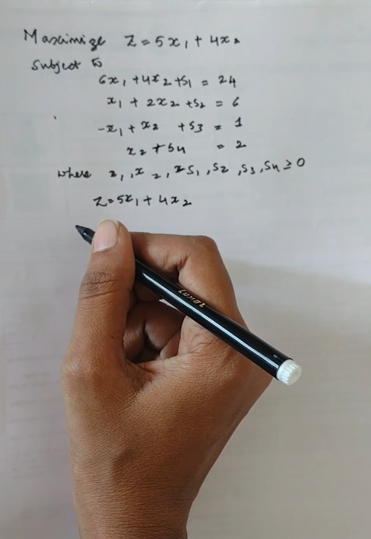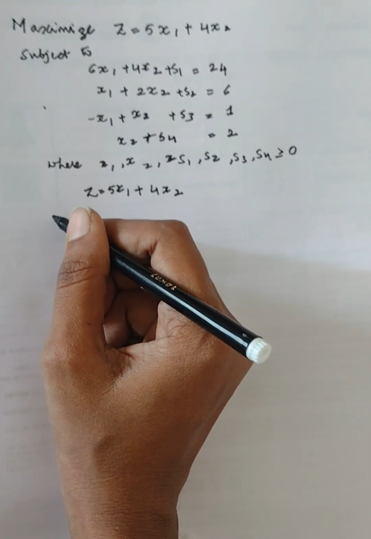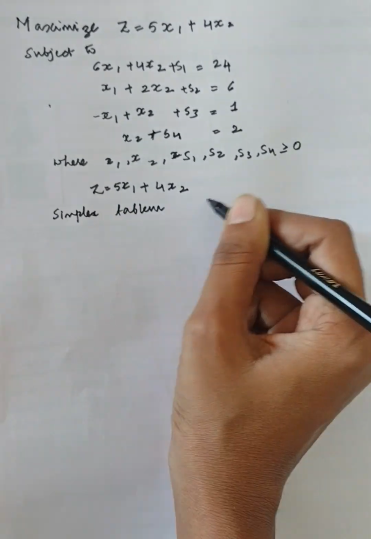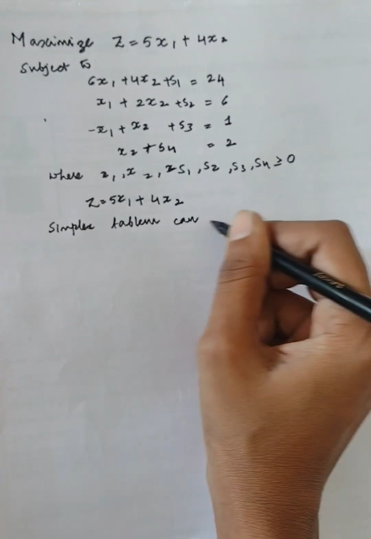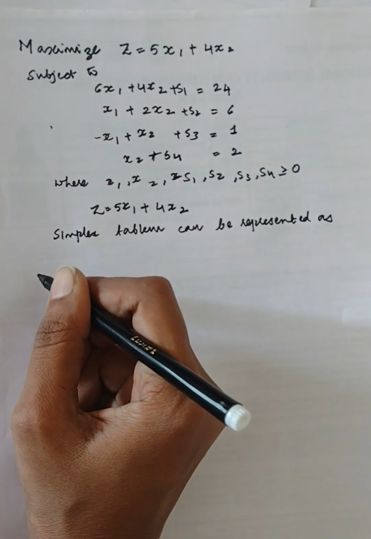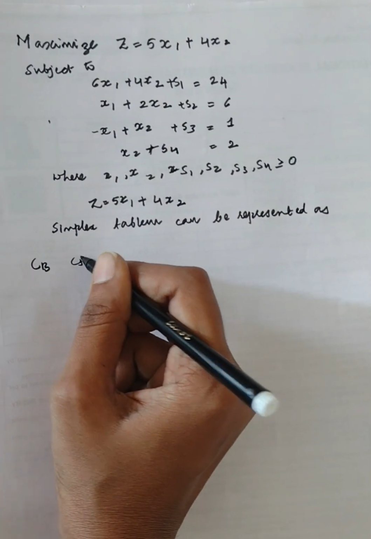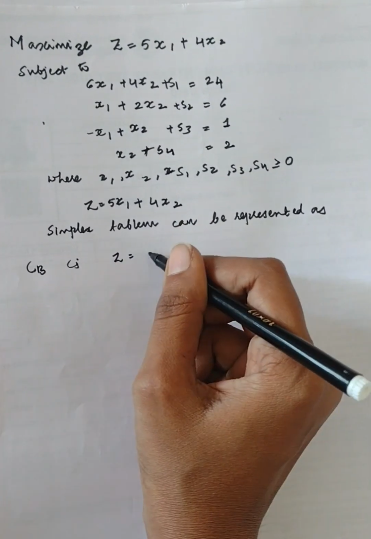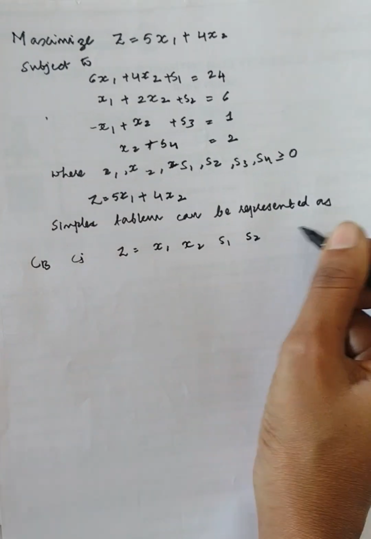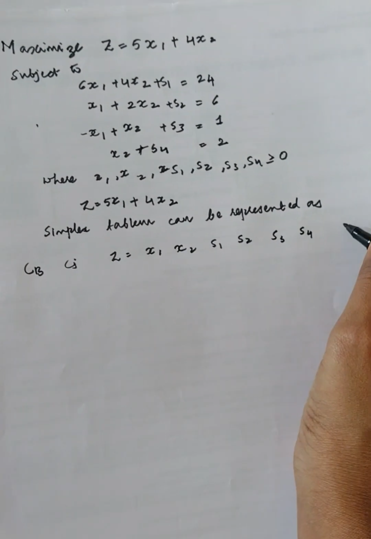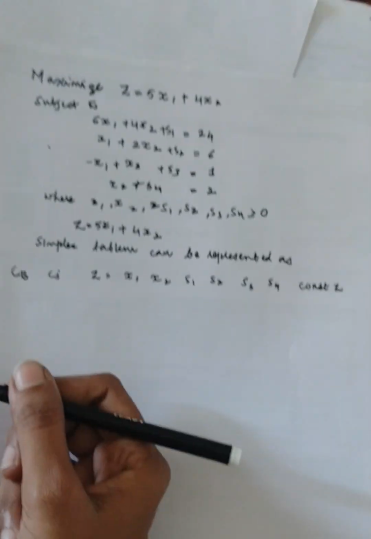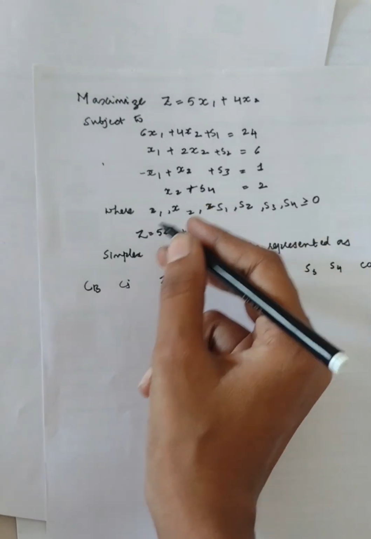By tabulating, the simplex table can be represented with the columns: Cb, basic variable, Cj, z equal to x1, x2, slack 1, slack 2, slack 3, slack 4, and the constant, that is the constraint column.